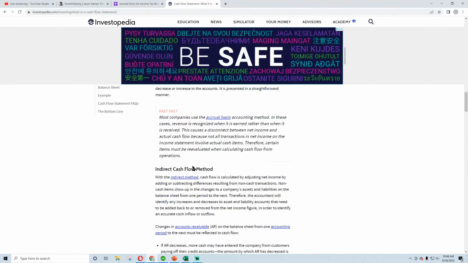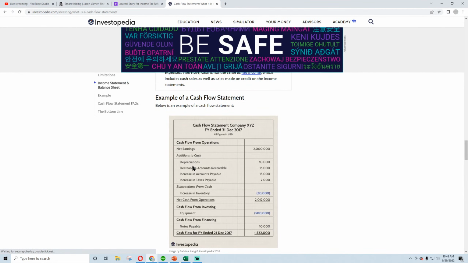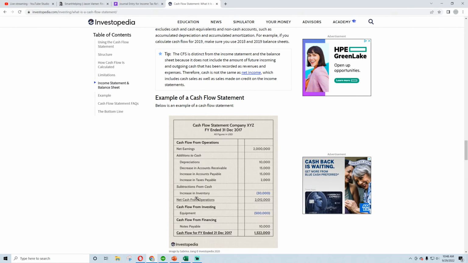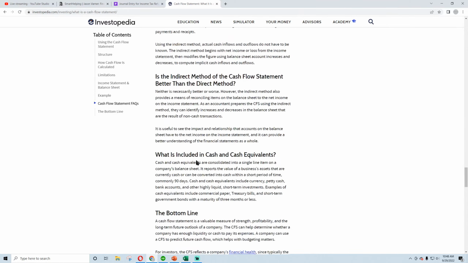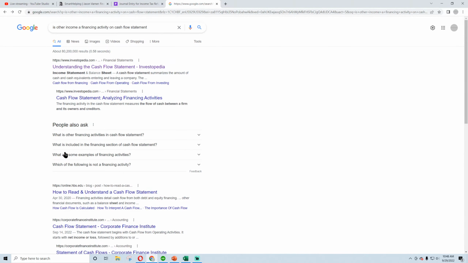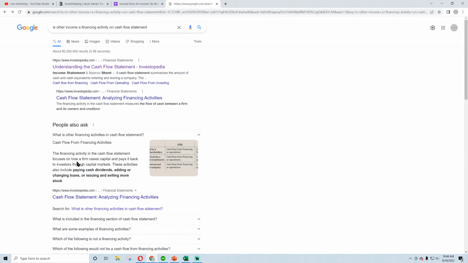All right, I just want to see other income on a cash flow statement. Here we go. No, it doesn't say it on there. It's not detailed enough. Oh wait, is it in financing?